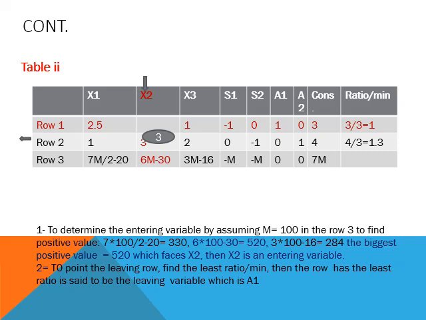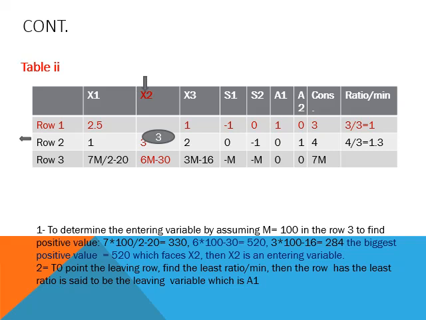Second step is to point the leaving row. So to point the leaving row, just look at the column of constants and the column of x2, the entering variable.